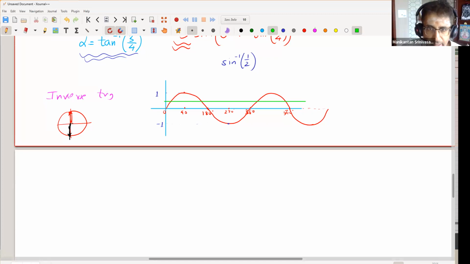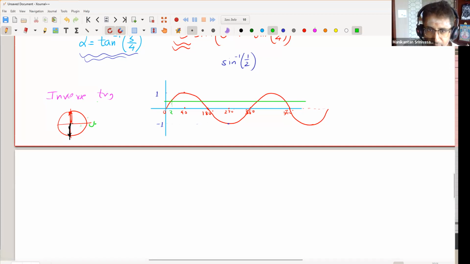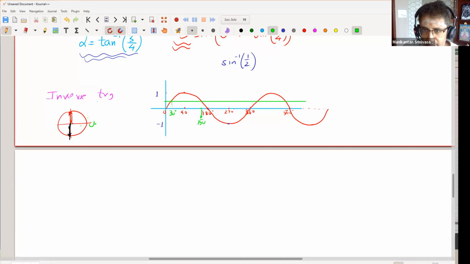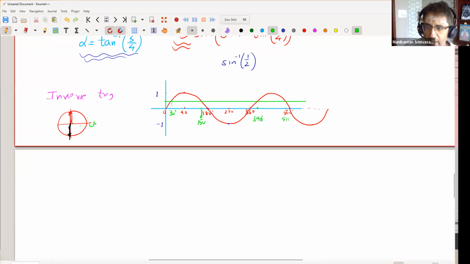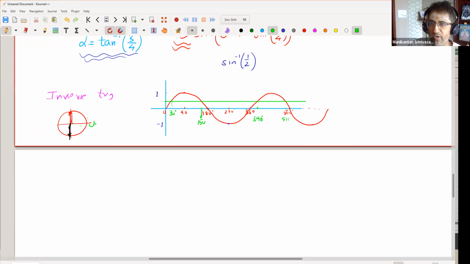One guy is telling me when theta is 30 degrees, sine 30 is half. This guy is telling me at 150, sine theta is half. The next one is in the back after finishing the full circle. If you go to 390, it's half. And similarly, at 510, it's half. So who do I believe? Or rather, can you give me one number for sine inverse of half?